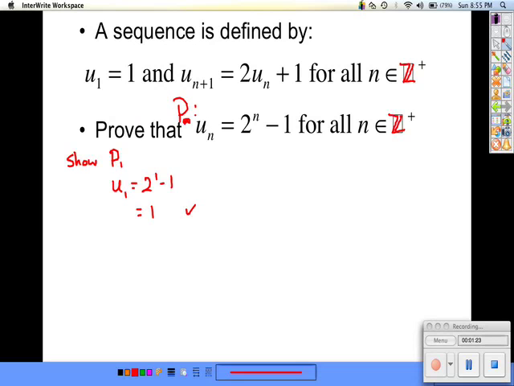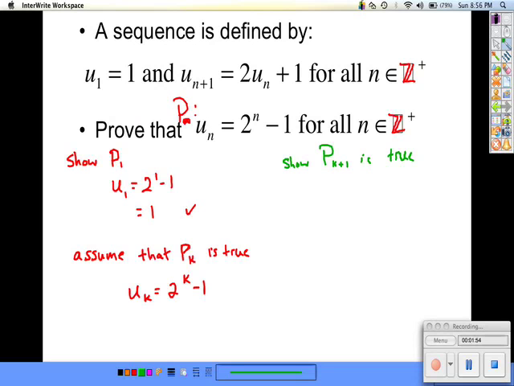Now we're going to assume that P sub k is true. So we have u sub k equals 2 to the k minus 1. And our goal is to show that P sub k plus 1 is true. And we're going to use our given information here. We know that u sub k plus 1 is equal to 2 times u sub k.